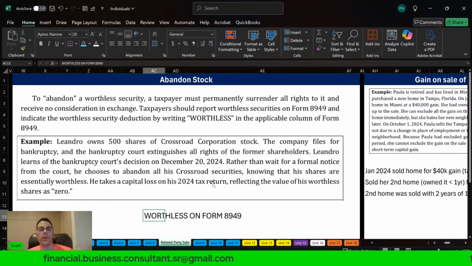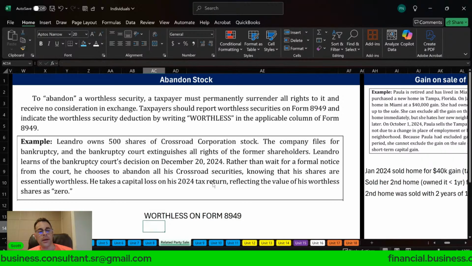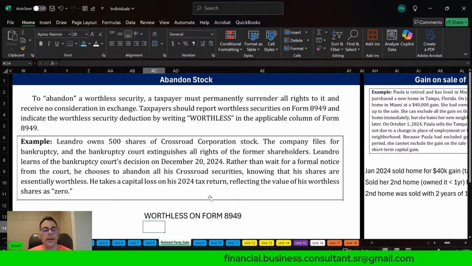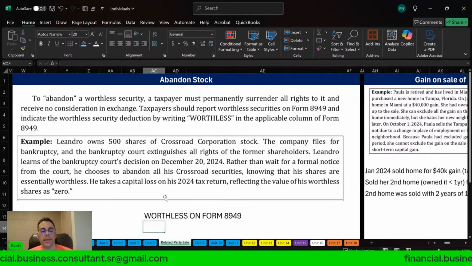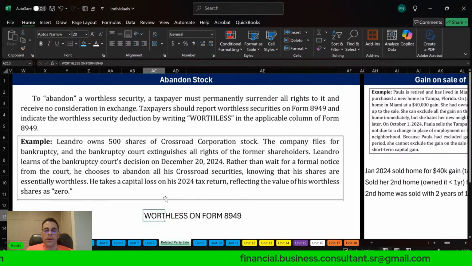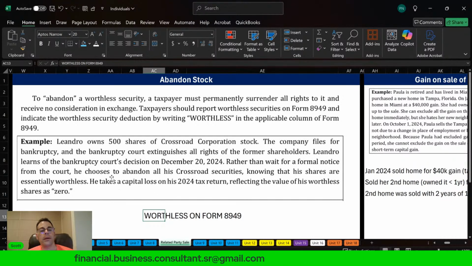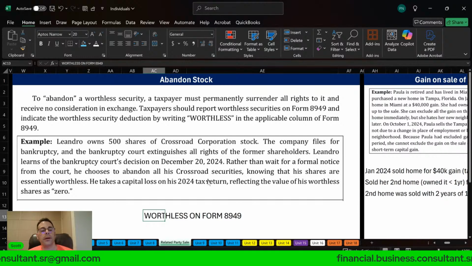Or remember when Hertz filed bankruptcy, and the stock price actually went up. So instead of waiting for the stock to go to zero or get delisted, you can just write off the entire investment. So he takes a loss on his 2024 return.